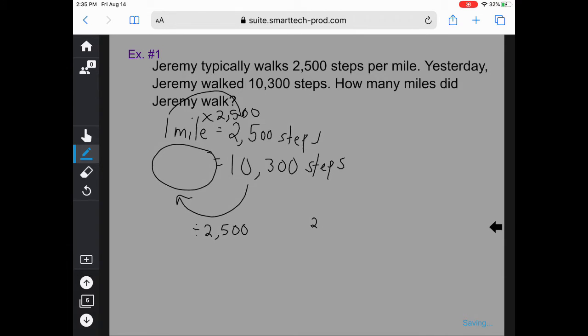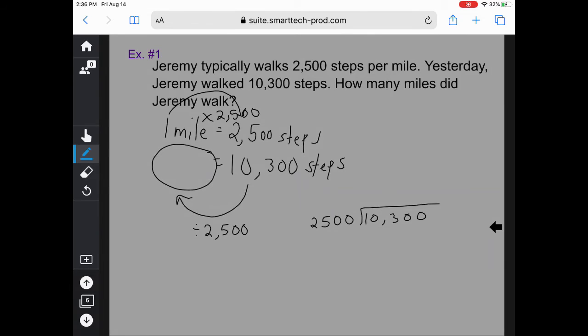So in order to do that, let's set up our problem. So 2,500 is going into 10,300. So first, we need to break this up. We don't have any decimals in this case, we just have whole numbers. So what we can do is shorten this.